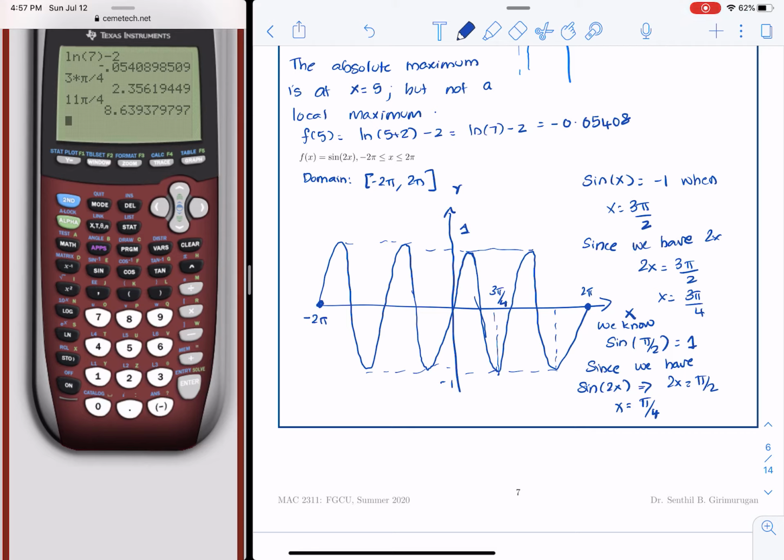So we can trace and find the other points. So we keep adding pi, I believe, to the numbers to get the other points. So here we would have pi over 4. And we've got to add pi over 4.